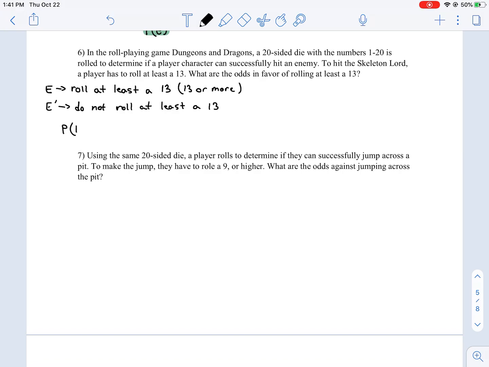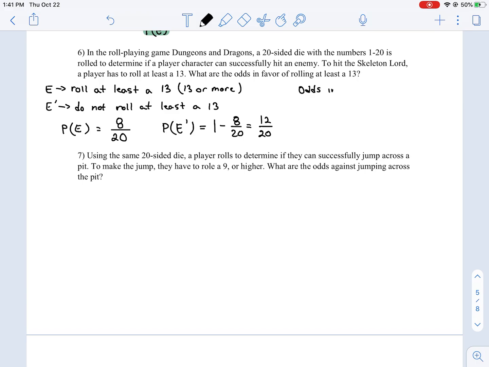So what is the probability of rolling at least a 13, which would be the probability of E? Well, there are 8 numbers on a 20-sided die that are at least 13, and there are 20 total options when you're rolling a 20-sided die. The probability of not rolling at least a 13 will be 1 minus 8 divided by 20, which will be 12/20.